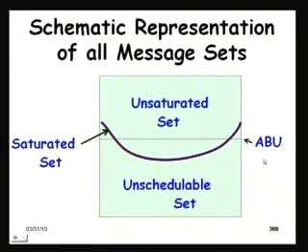Two metrics we will define, and then we will reason that those two metrics are really sturdy, well formed metrics to compare the performance of two protocols. So, depending on the values of the ABU and the GPU for two protocols, we will reason out whether they are good or bad.